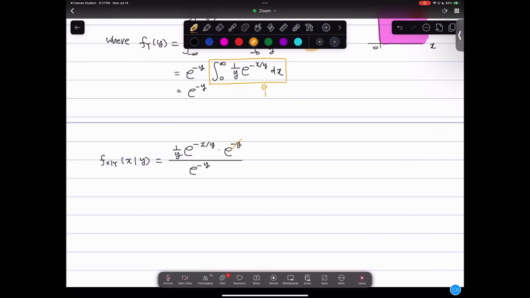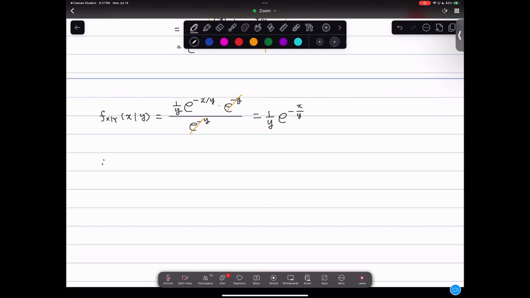So that's gone. I'm getting 1 over y e to the power of negative x over y. So I have to write it properly according to this. Therefore, your conditional PDF of x given y equals 1 over y e to the power of negative x over y.